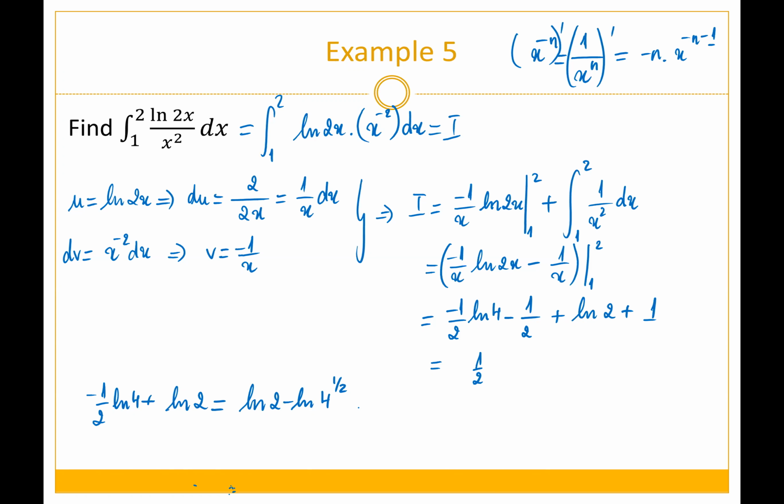Take this half inside, so what we have is just ln of 2 minus ln of 2, which is just 0. So that is my answer.